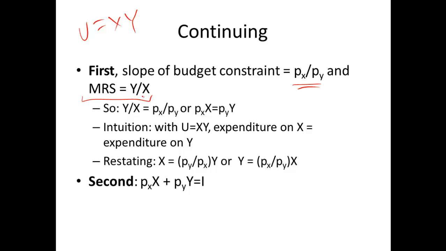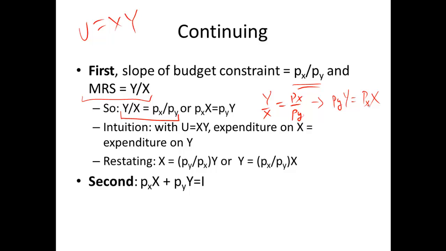So the condition that the slope of the budget constraint equals the slope of the indifference curve can be rewritten as y over x equals px over py. If we cross multiply, that's equivalent to saying py times y equals px times x.